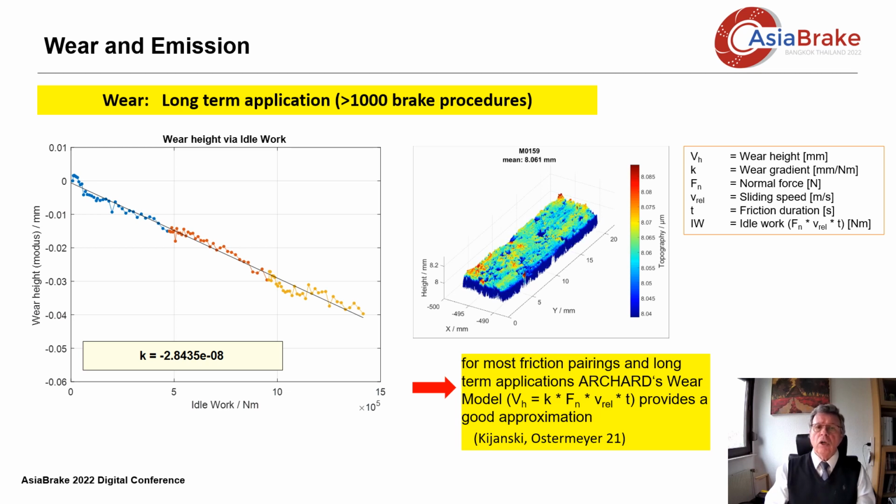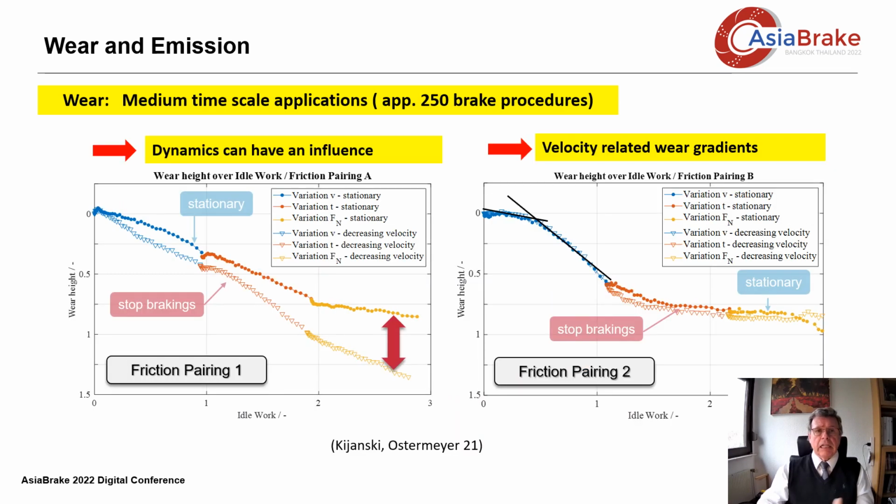This corresponds to the classical Archard's idea. So Archard's law for wear prediction is rather good for most pads when looking at the total lifetime of a pad. But even on an average timescale, which is about 200 or 250 braking operations, significant deviations become apparent.